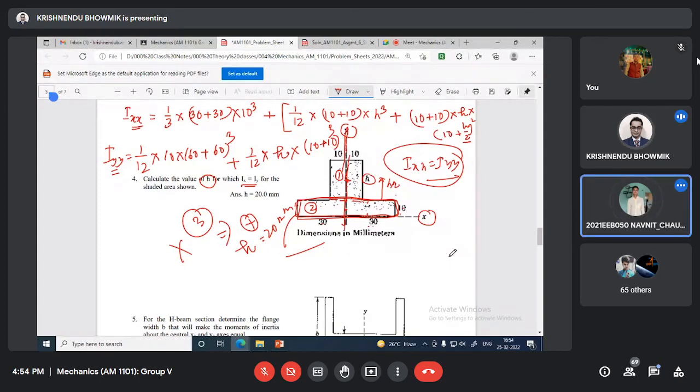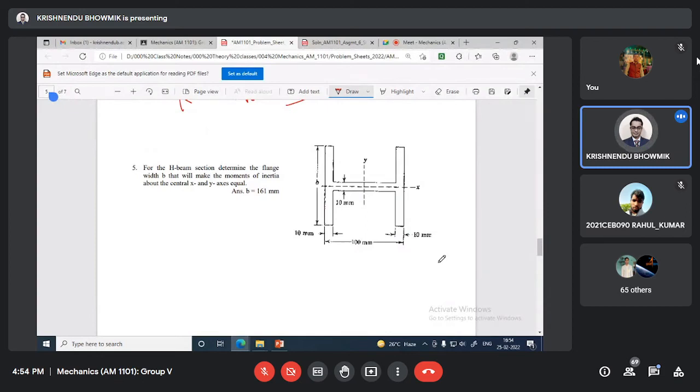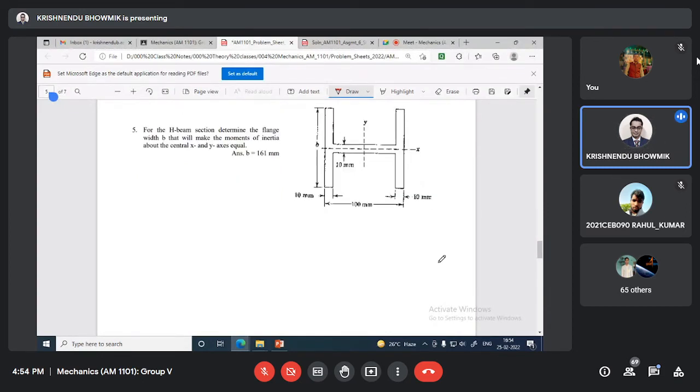Okay, sir. Okay, fine. Now, the last problem, 6.2. There is an H beam, looks like capital H. That is a section. H beam section means actually it is a beam, and its section looks like this.